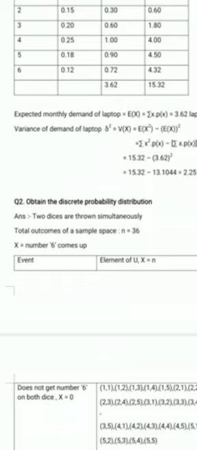For finding this, we prepare a table with 3 columns: event, the element of u, that is x equal to small n, and p of x. We get 3 possibilities. Where we do not get 6 on either of the dice, x is denoted as 0.